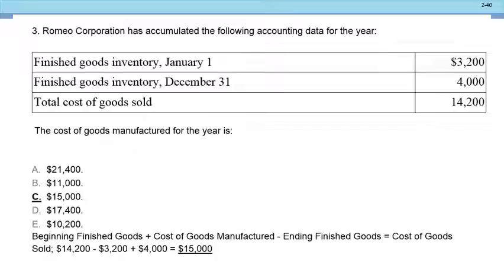Now, I won't be so cruel as to, because I could have asked you something about work in progress over here. If I give you the beginning balance for the work in progress, the ending balance for work in progress, and I give you your manufacturing cost for the period, you should be able to realize that the subtract would be to work in progress. Of course, I would have given you all the answers then, but I could have left out, say, the beginning balance of work in progress and made you go one step further.